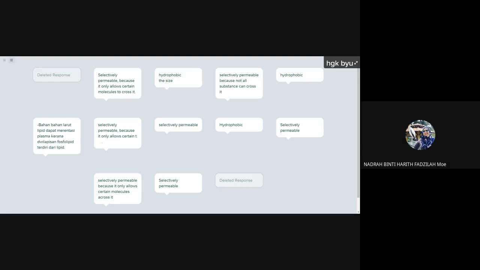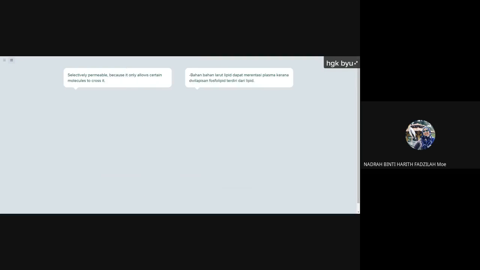Point number 3 adalah daripada Adawiyah, explain further by saying bahan-bahan yang larut lipid dapat merentasi membran plasma kerana dwi lapisan fosfolipid terdiri daripada lipid. So, kita ada 3 point kat sini and the combination of these answers will create a complete answer. Okay, bagus. Okay.